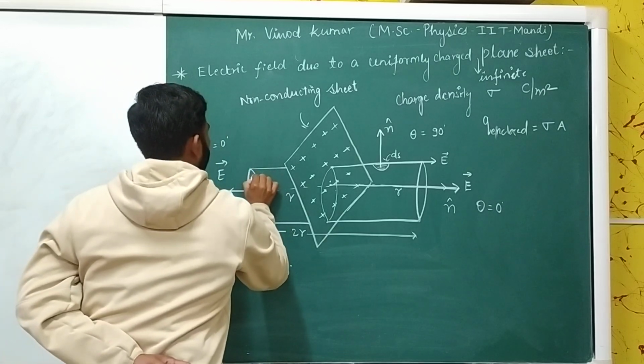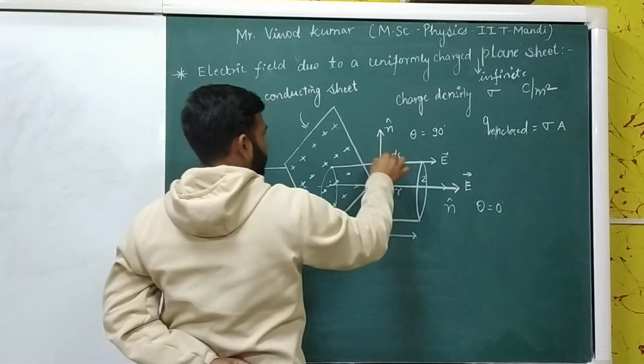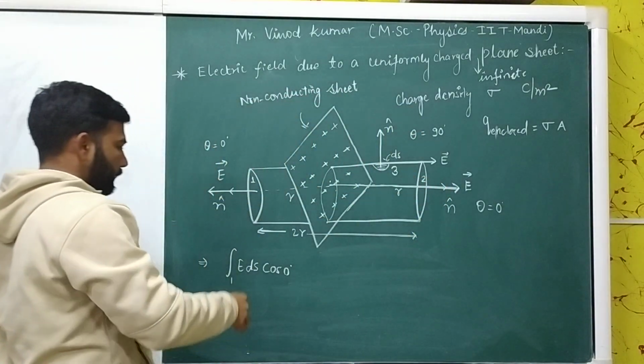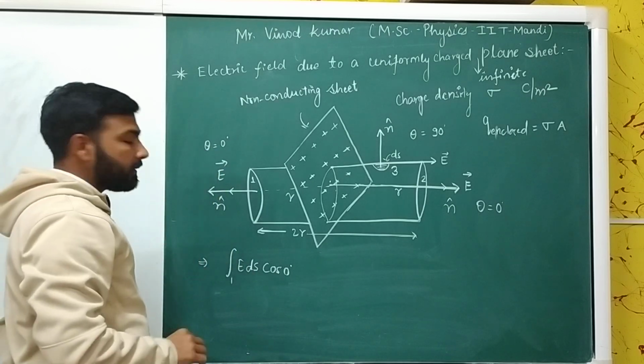Let us say this is the first surface, this is the second surface, and the curved one is the third surface. For the first surface, the angle between area vector and the electric field vector is 0 degree.